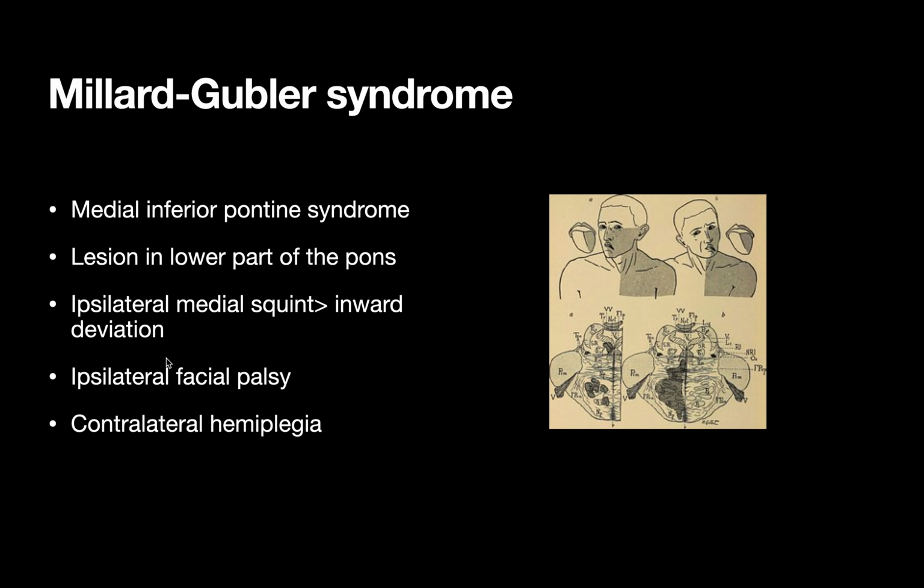If I have a lesion on the right side, my right eye is going to be deviating inwardly. There's going to be ipsilateral facial palsy. Sticking with the right, my right face would be paralyzed, but from the eye down, my eyes would still be able to coordinate because it's in the lower part of the pons.